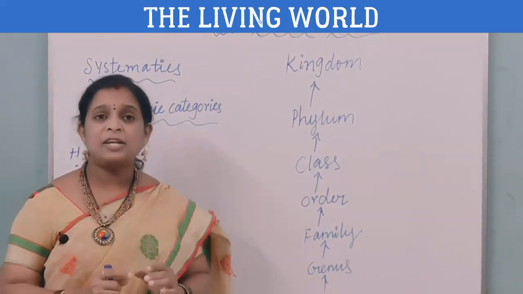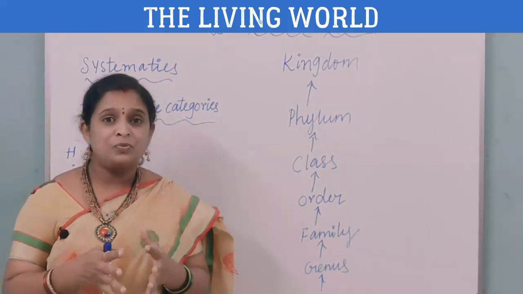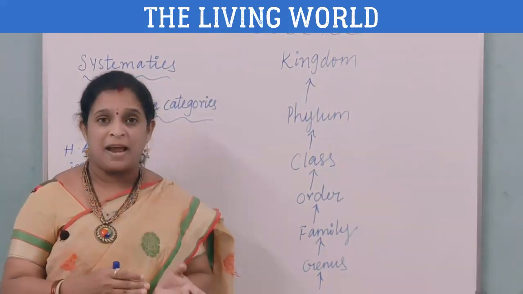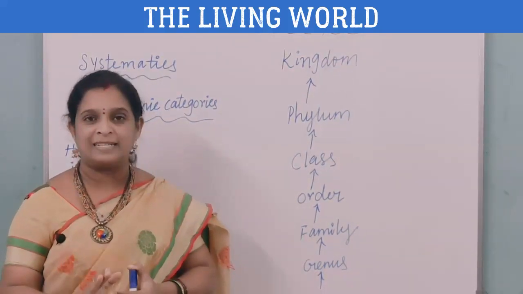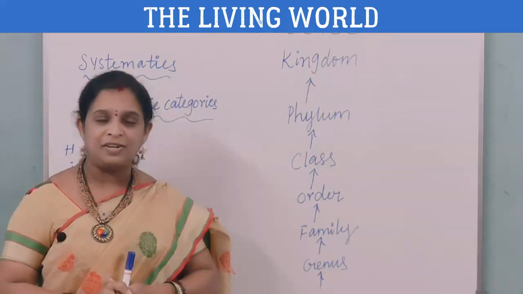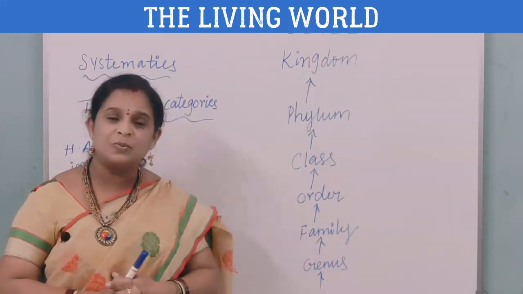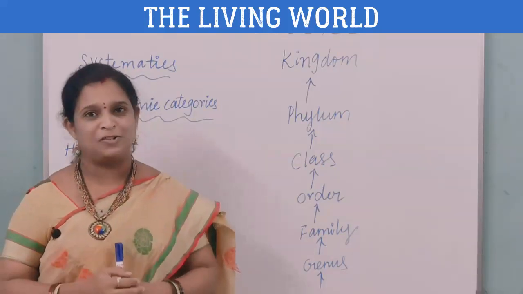And this word systematics is derived from the Latin word, meaning the arrangement of organisms in a systematic way. Carolus Linnaeus used the words Systema Naturae for his publication.